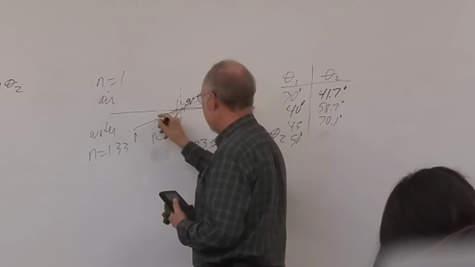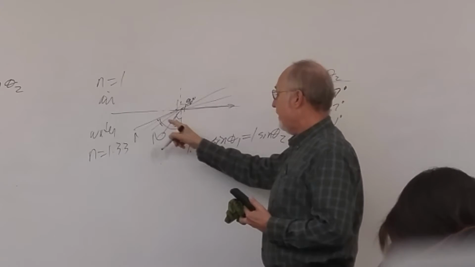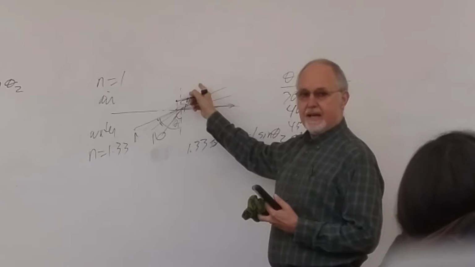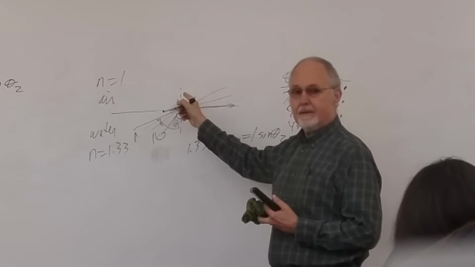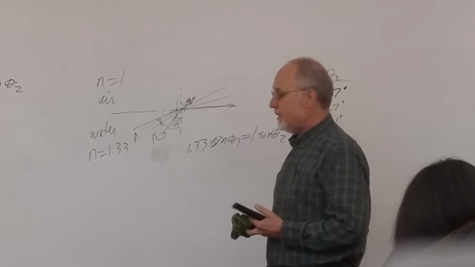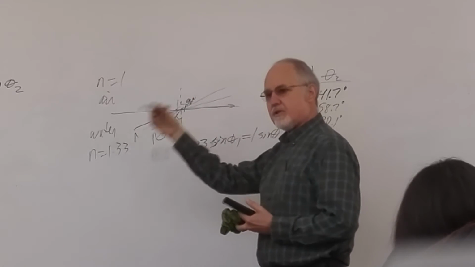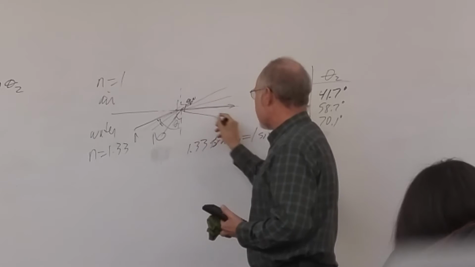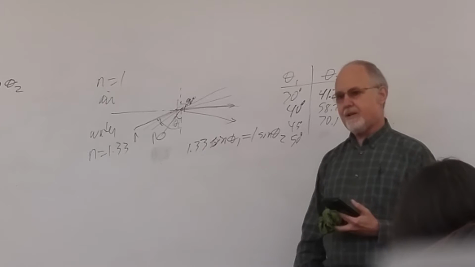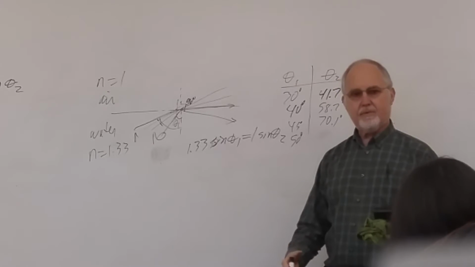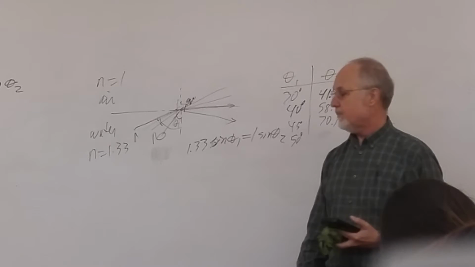If theta 1 is bigger than that angle where theta 2 goes to 90, then on this side you get the sine of an angle that's bigger than 1, and it ceases to exist. What's happening there is that instead of refracting and going out into the second medium, it reflects. And you have what's called total internal reflection. Nothing is refracted, everything is reflected. It stays inside the first medium.